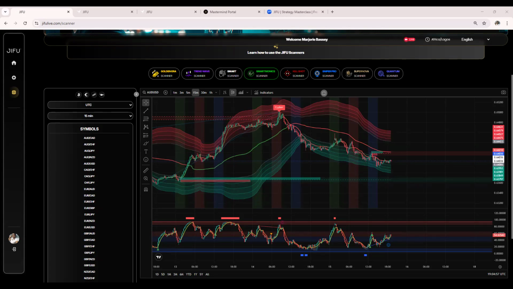You don't have to go to other scanners to look for confirmation. So it's very important. Now, we are going to look at the interface, and then look at what is actually in the scanner, one after the other.